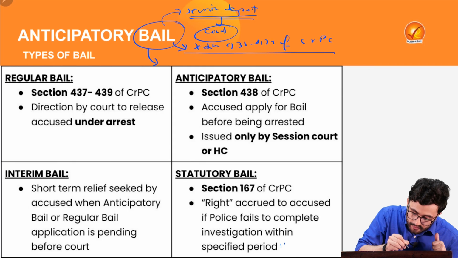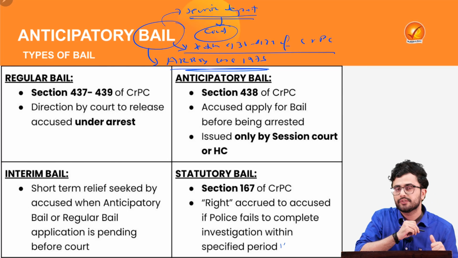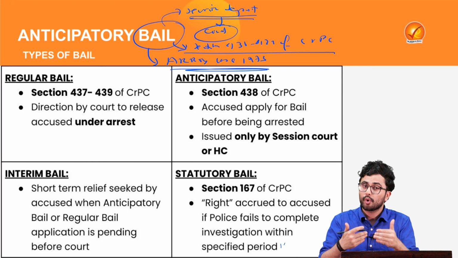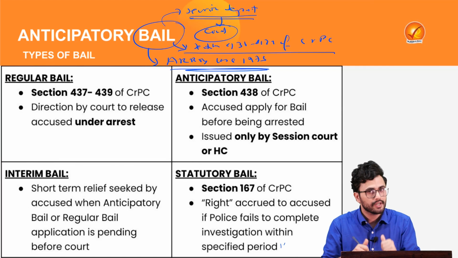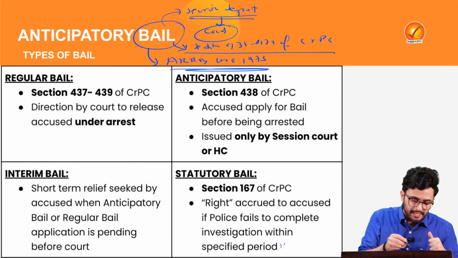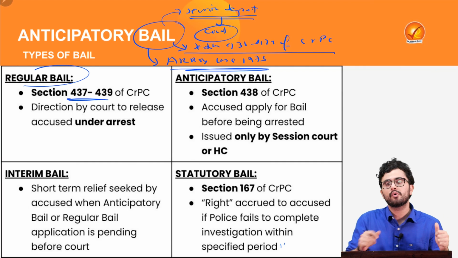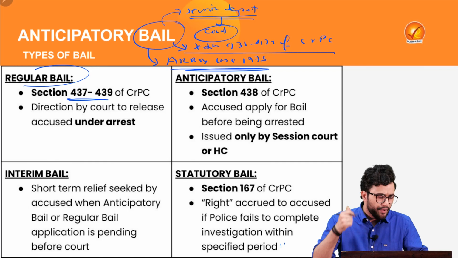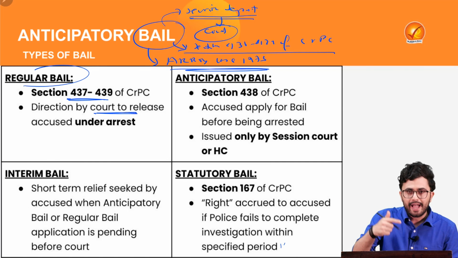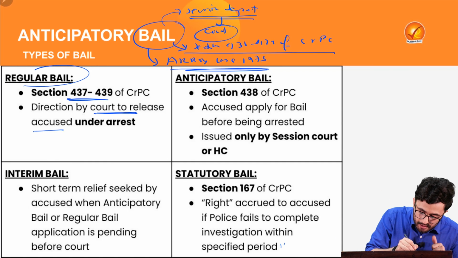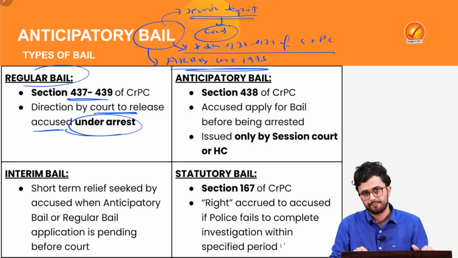The principles of bail have been laid down in the A.K. Roy Chaudhary case of 1973, under which there are several kinds of bail provided by the legal system of our country. The first and foremost is regular bail, which is directed under sections 437 to 439 of the CrPC, where the court directs the police, if the accused is in police custody or judicial custody, to release the accused under arrest.